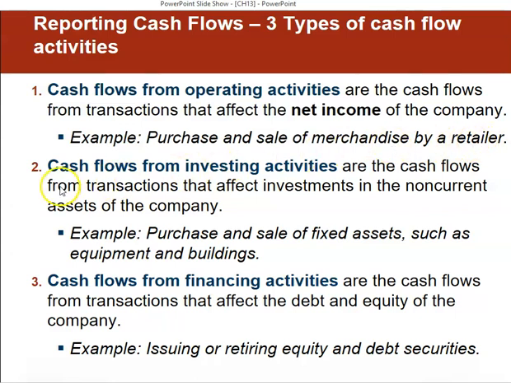Okay. Number two is investing activities. And these are cash flows from transactions that affect investments in the non-current assets section of the balance sheet for a company. The purchase and sale of fixed assets is a wonderful example. So we might buy some machinery, equipment, vehicles, whatever the case may be. That would be a cash outflow.